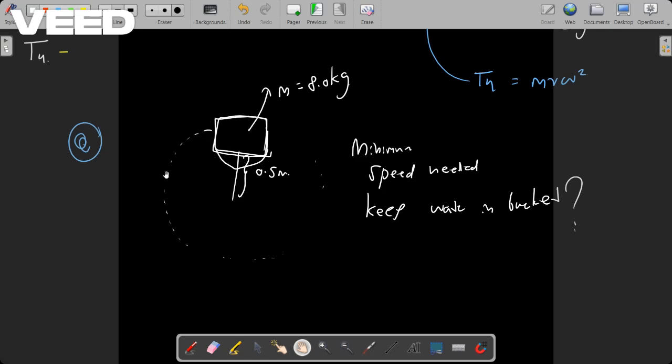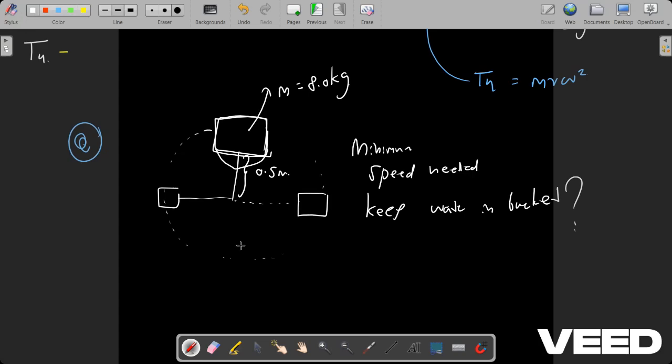Now this bucket is rotating around. To which place must you plug in the formulas? Whether the bucket is here, you find the minimum velocity you need. Either the bucket is over here, you need to find the minimum velocity required, or when it is over here. So it means minimum velocity must be found when the bucket is here or here or here.